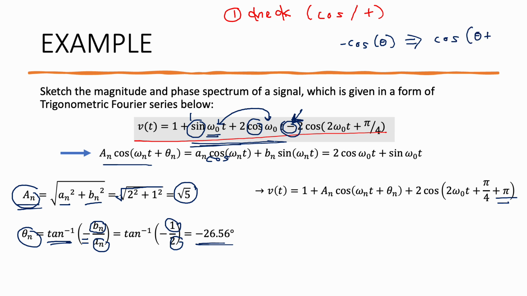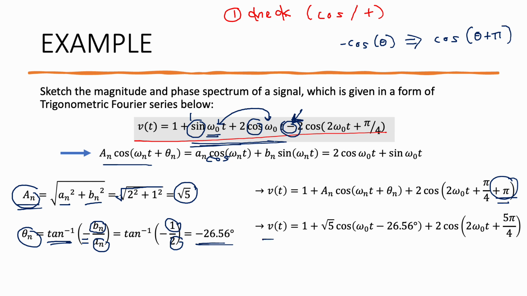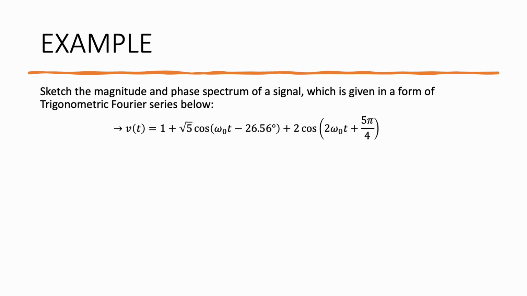Theta plus pi. So we need to add pi behind here. So then your final equation will become as such. Based on this equation, only then can we draw the magnitude and the phase spectrum.